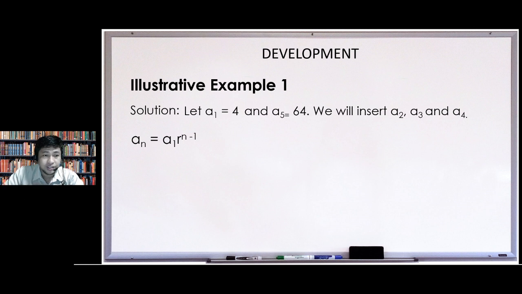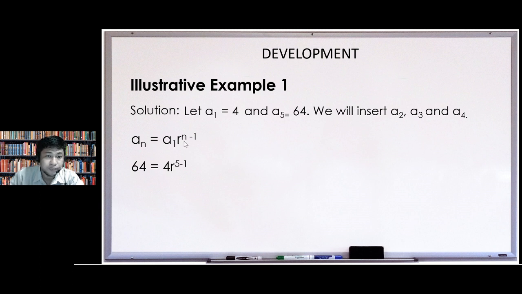Now the formula is a sub n is equal to the first term multiplied by the common ratio raised to the quantity n minus 1. So let's substitute. For our a sub n, that will become our fifth term, which is 64, equal to the first term 4 multiplied by the common ratio raised to, what is our n?